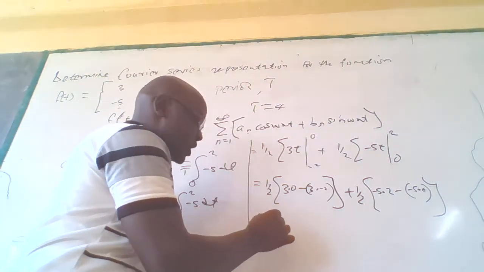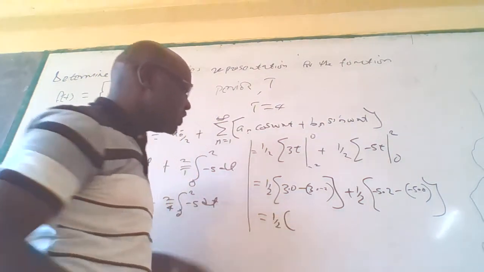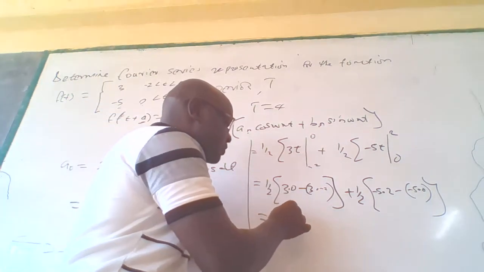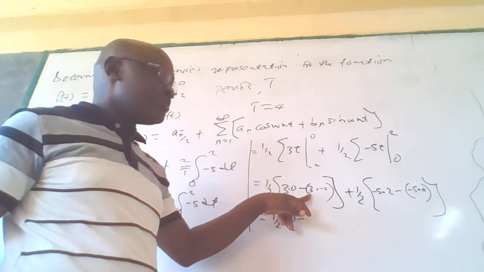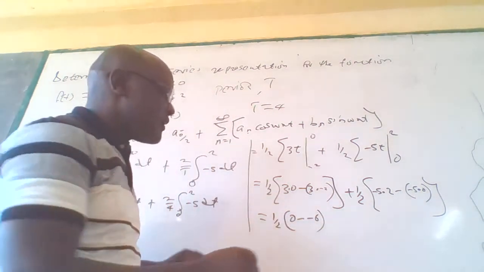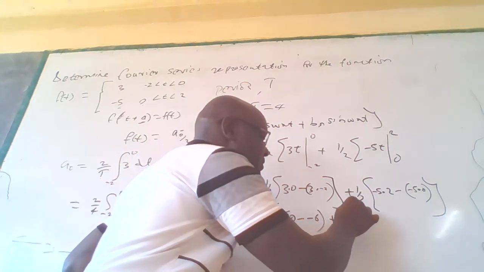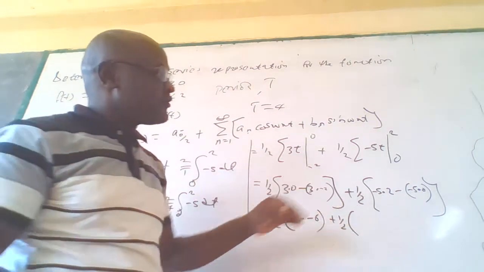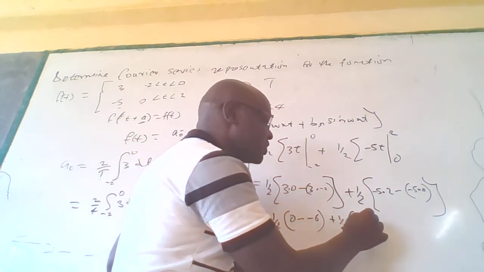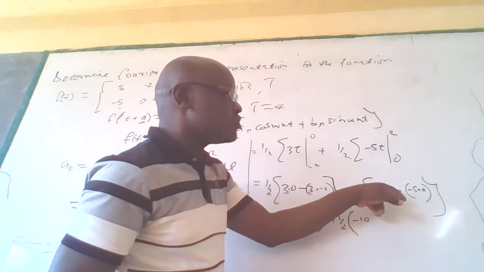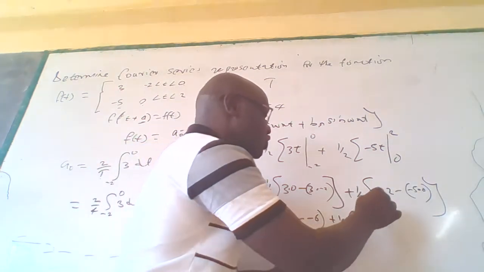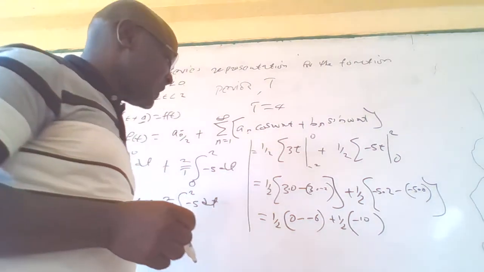Now this equals a half into, 3 times 0 is 0, minus 3 times -2, which is -6, then plus a half, then we have -5 times 2, which is -10, minus -5 times 0, which is 0, so we have -10.